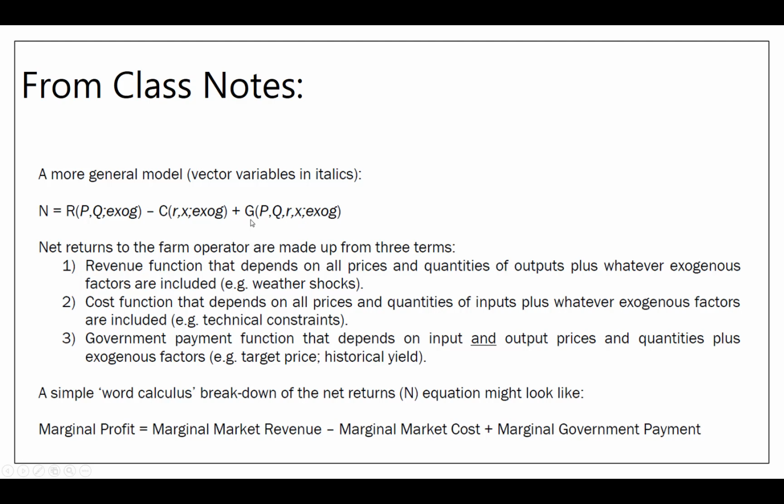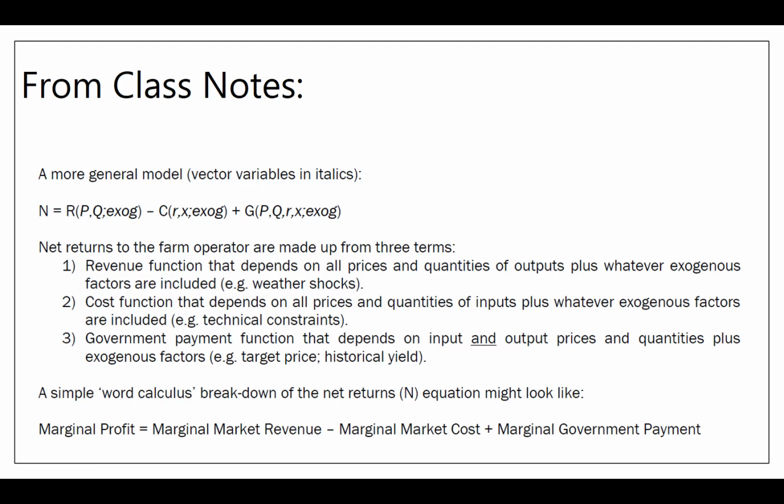So our goal is to get a generic look at how policies can impact this sort of income or net benefit equation through the revenue, cost, and government payments. But eventually we'll see that if there's no interaction, right, if the government payment formula doesn't cause a change to the market revenue or the market cost, then we're okay just writing models that look at what the government payments are.